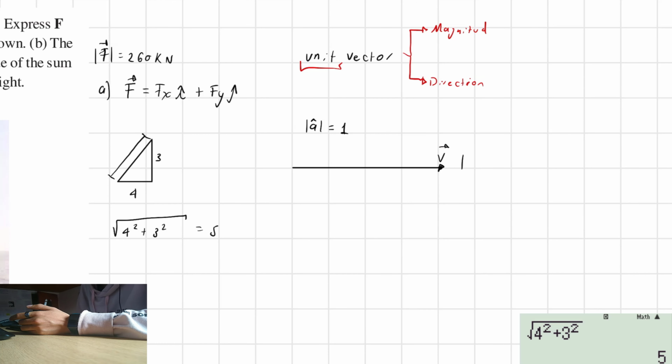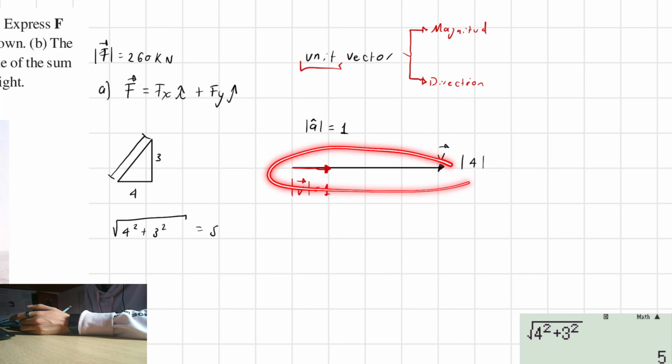The magnitude of this vector is going to be equal to 4. Now, the unit vector is going to be this one, right? So the unit vector of B is going to be equal to 1, and it is going to be this one. Now, as you can see, it is pointing towards the same direction as the vector, right? I want to explain this to you because I think that it is much easier for you to analyze it that way.